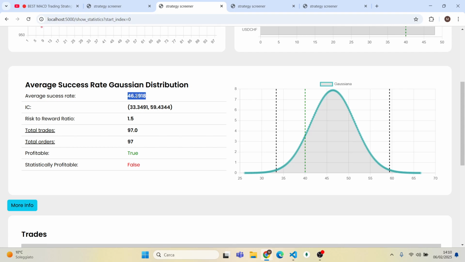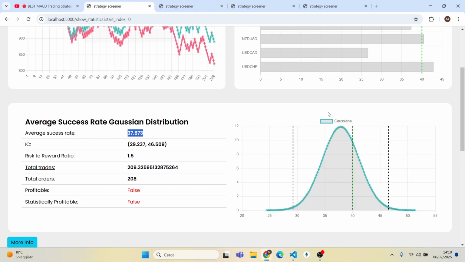So with this test, we can say that the strategy is not overfitted. It is almost overfitted because this average success rate is located here on the Gaussian distribution. So probably this one is not one of the best running strategies with these conditions.